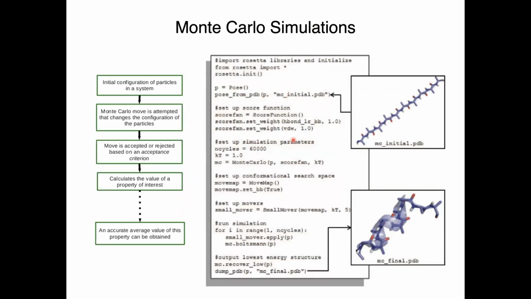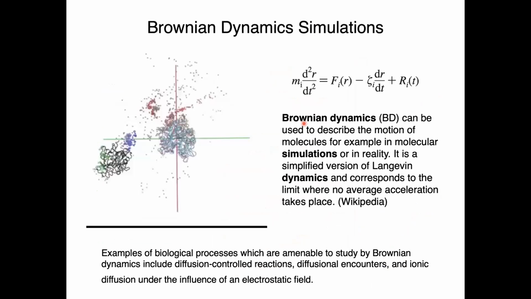And the accuracy of that scoring function is going to dictate which moves you accept and which moves you reject, right? So it will ultimately affect your ability to go from an extended state to the correct folded state. So even for structure prediction techniques in general, you have the same kind of issue: if the energy function you're using to describe the interactions between the atoms in your system has errors, then it's going to lead you to the wrong answer.